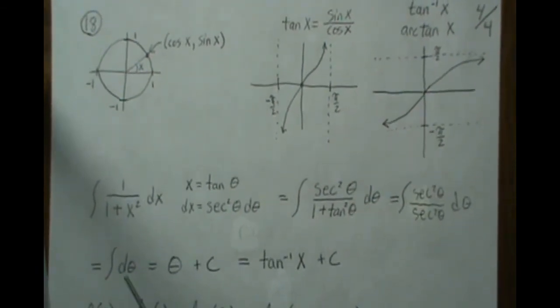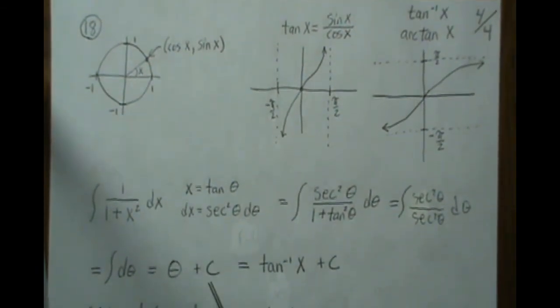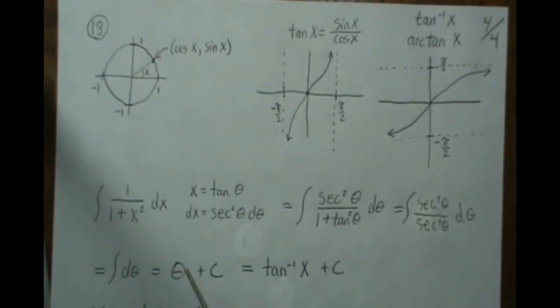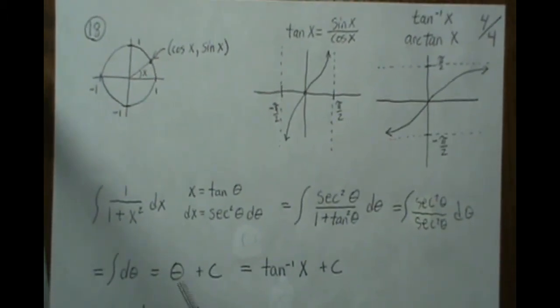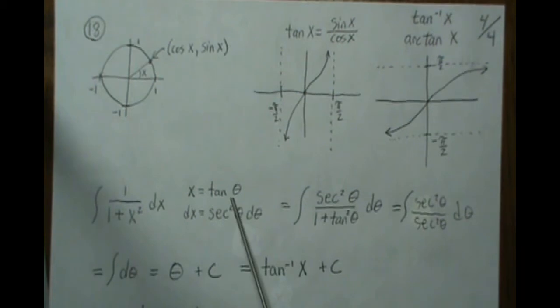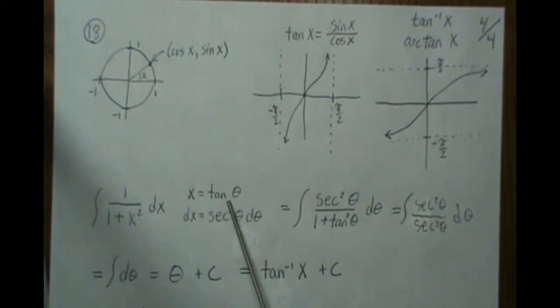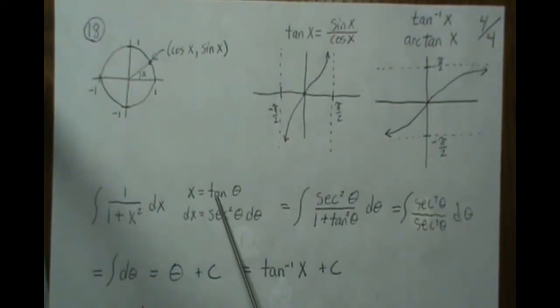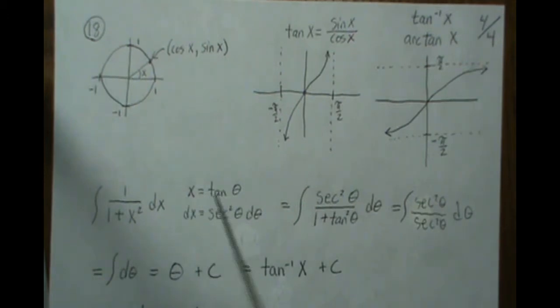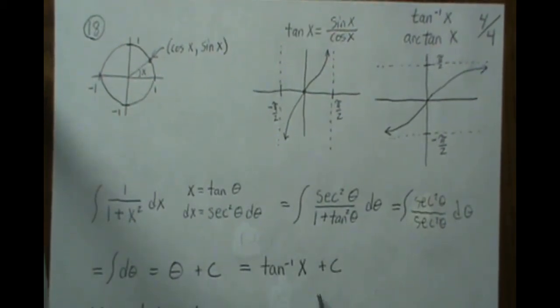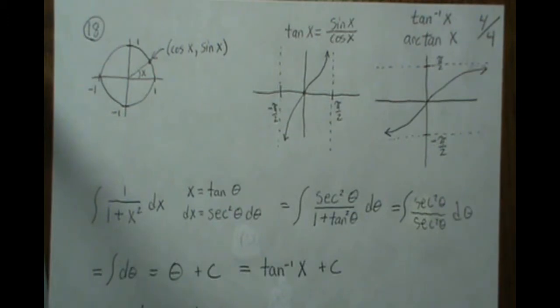The antiderivative of this is just theta plus a constant. Now we have to find what theta is in terms of x. To solve for theta, we take the arctangent of both sides, because then that cancels and leaves theta. So theta is equal to the arctangent of x, which is what this is. This is what they provided in the hint or the note.